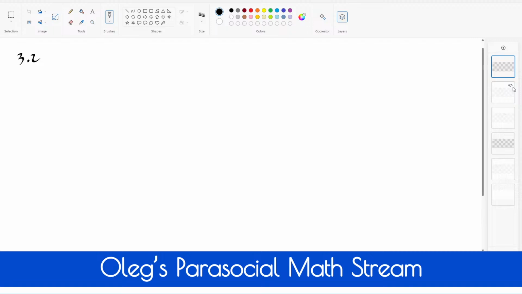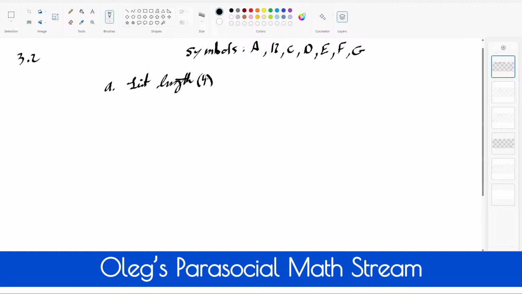So we have symbols, a list of length 4, and we're going to say repetition allowed.